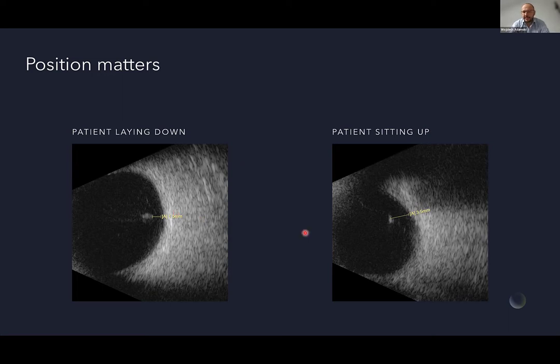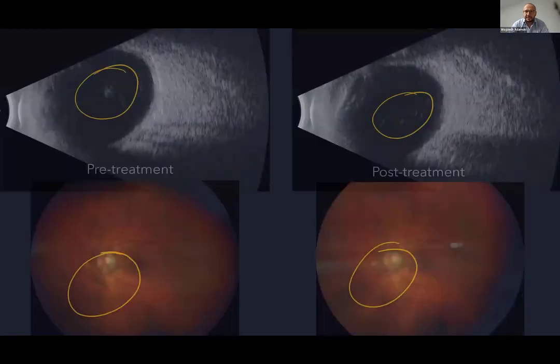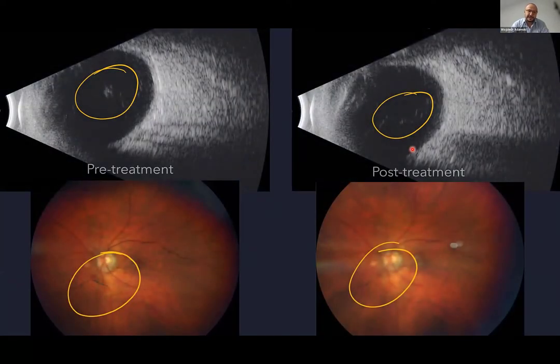But when the patient sat up and I did the examination again, it turned out that the vitreous changed its position, and now the floater was a lot safer for this procedure. So for the diagnostic process, in some cases, it helps a lot, especially in those early months of the procedure or the learning curve.